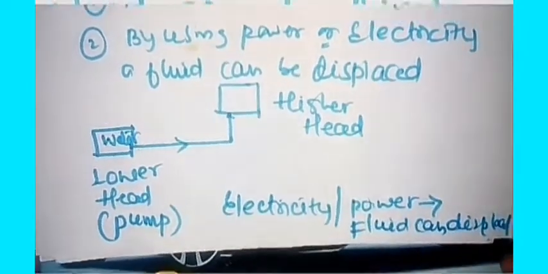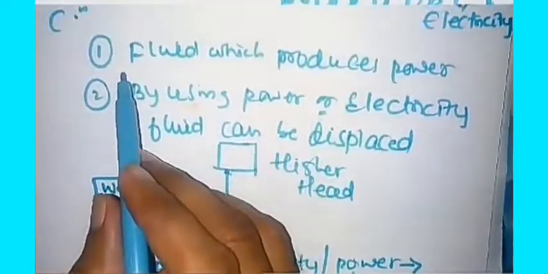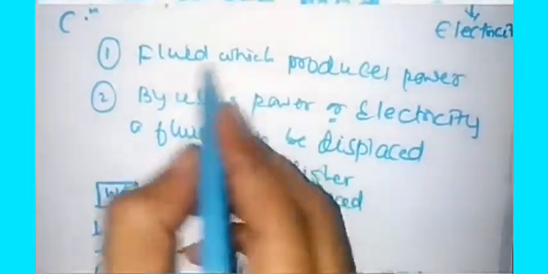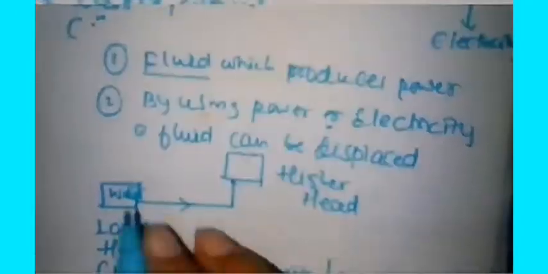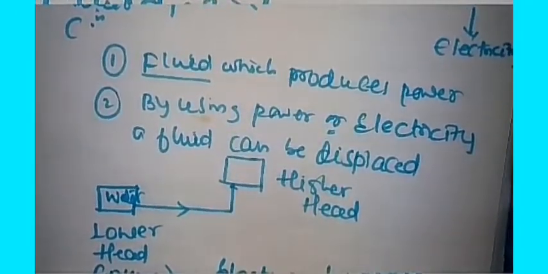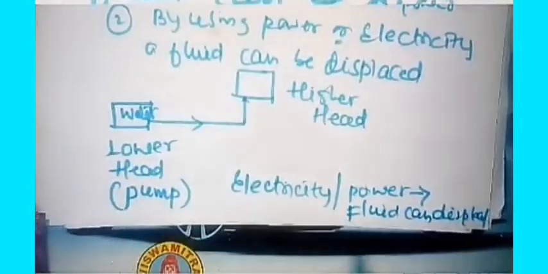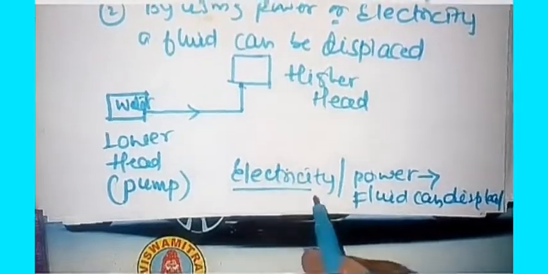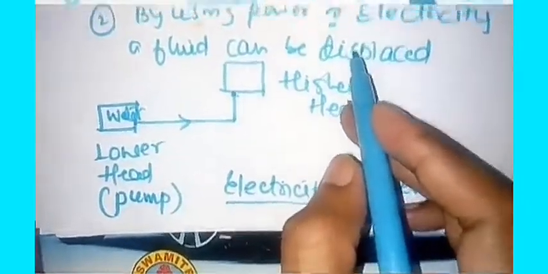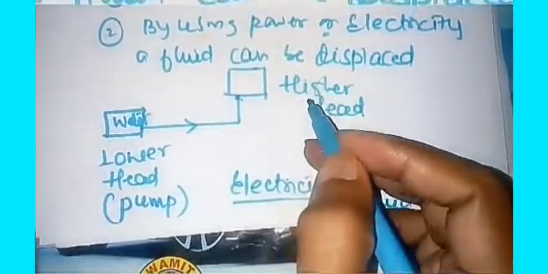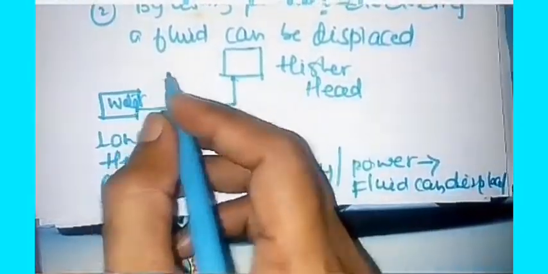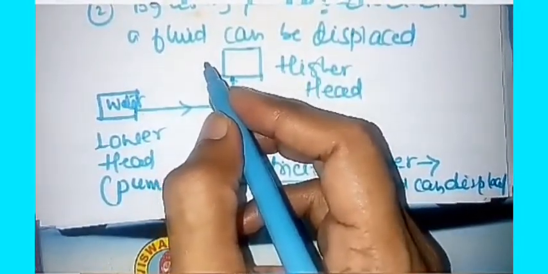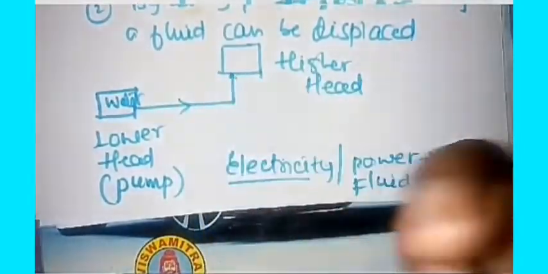Here the purpose is different. In the first case the purpose was different, and in the second case the purpose was different, but the fluid is playing an important role. In the second case, with the help of power as input, we are supplying water at a higher level. In the same way, the fluid can also be used for various industrial or other purposes.